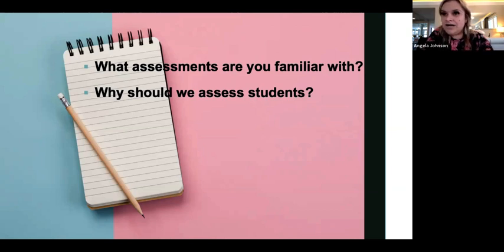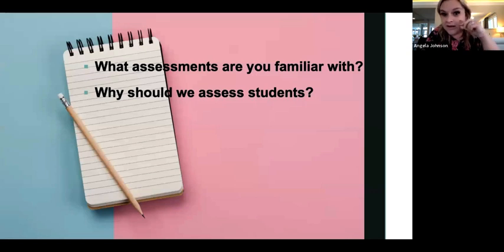You can say, oh, I know the Smarter Balanced standard test, or you can say the Woodcock-Muñoz assessment of English, or you can say the ELPA test, or you can say, oh, I'm familiar with the DIBELS. I mean, tell me about assessments, or maybe it can be a classroom assessment. It can be any classroom-based assessment. It doesn't have to be a standardized test.